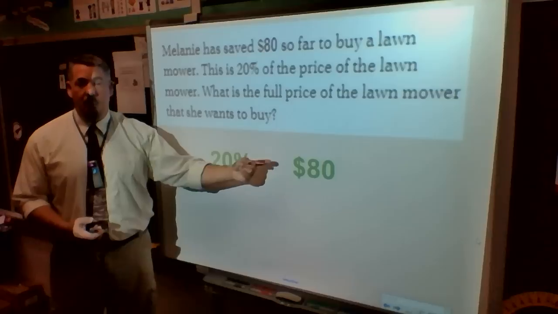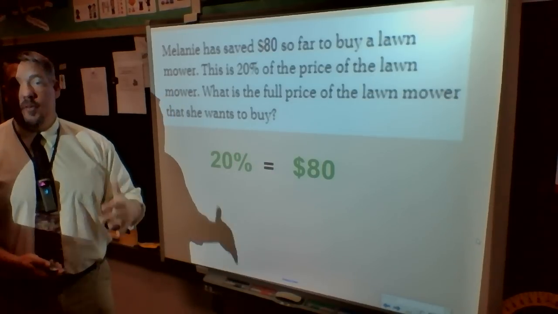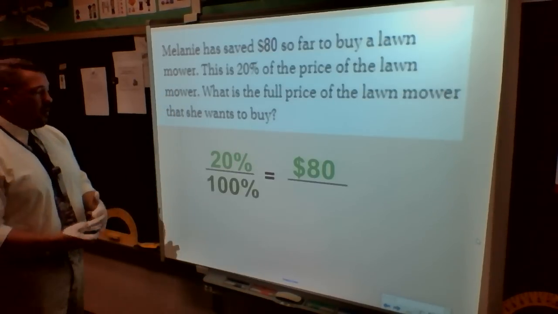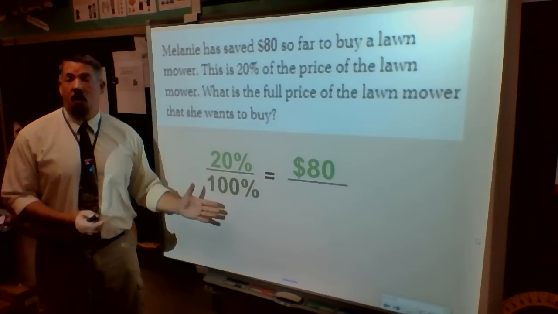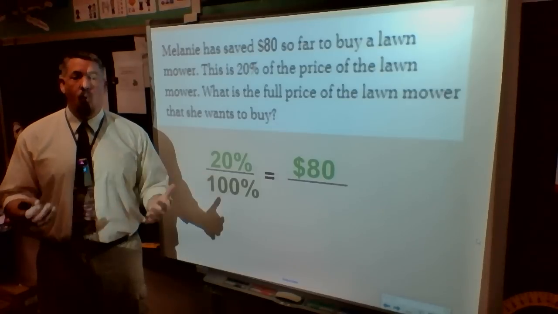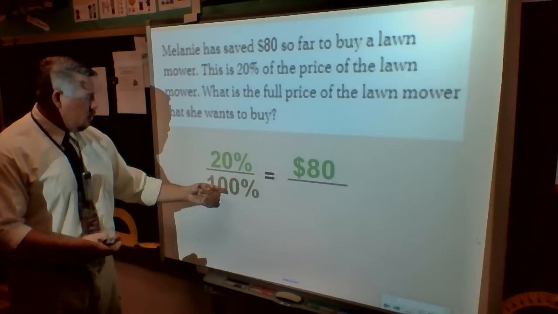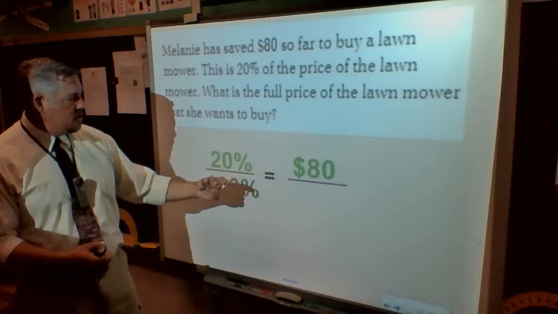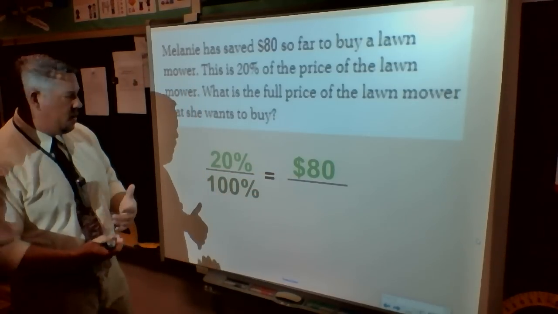So I can set that up as an equal sign, and then we can build a proportion with the other information that I know. The other information that I know is that when I have 20%, I'm always talking out of 100%. My percents are always out of 100. So if I have 20 is to 100 as 80 is to what? A couple different ways I could do it.